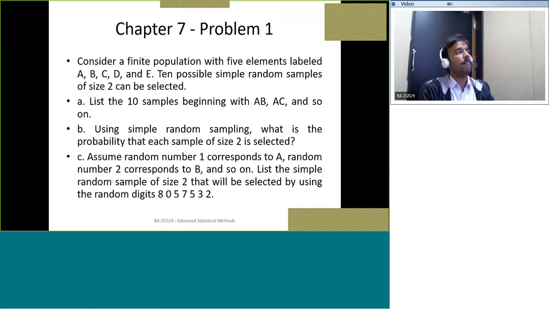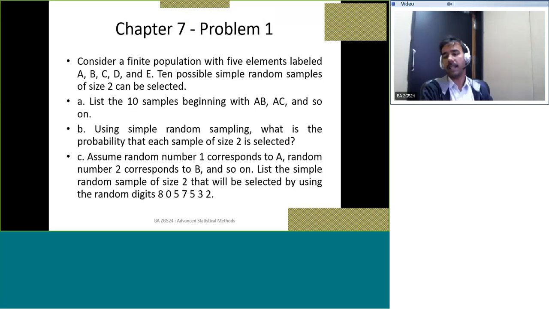In simple random sampling, I told you that every unit has an equal chance of being included in the sample. So how do you select a simple random sample more practically? For that, we have a concept called random number tables. Random number tables contain numbers that are purely random in nature. With the help of those random numbers, we can easily select simple random samples. For example, I have 100 students.